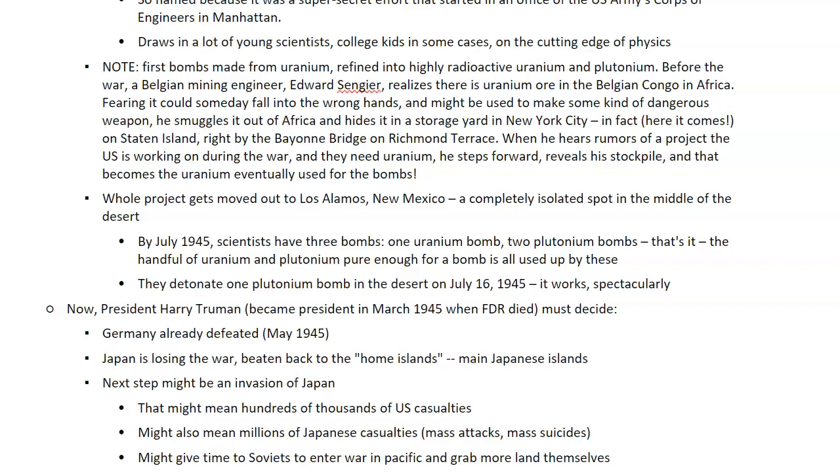So he secretly smuggles it out of Africa and hides it in barrels in a storage yard in New York City. In fact, Staten Island, right under the Bayonne Bridge on Richmond Terrace.